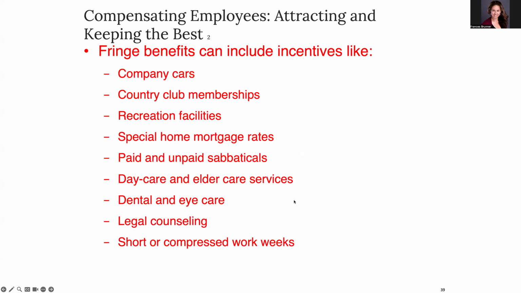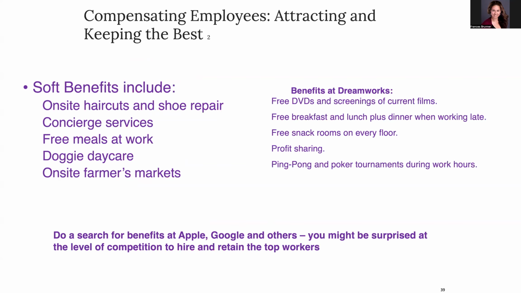Other indirect benefits are considered soft benefits. These are benefits that you have at the work site or for a limited period of time as part of being an employee.